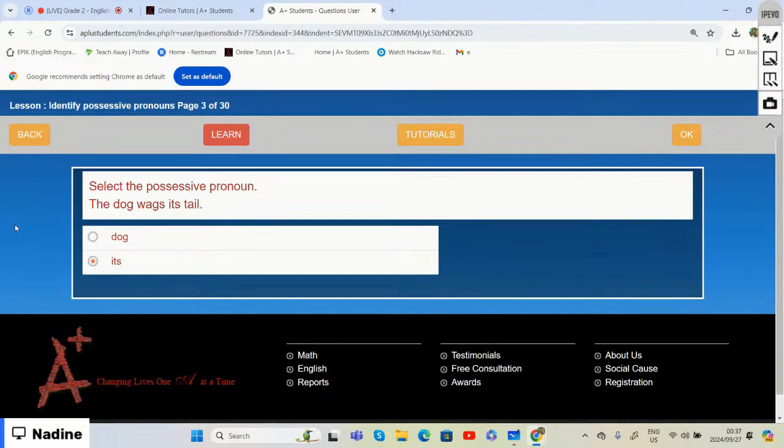If we choose the correct one, we can say the dog wags its tail, which means that its is our possessive pronoun.